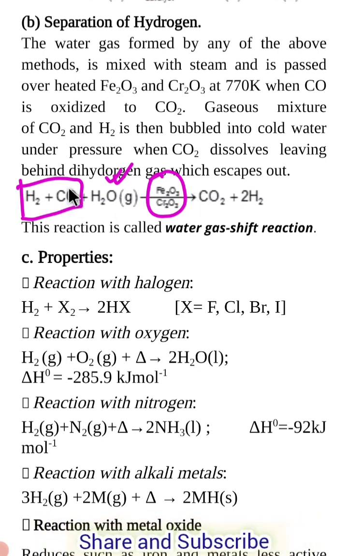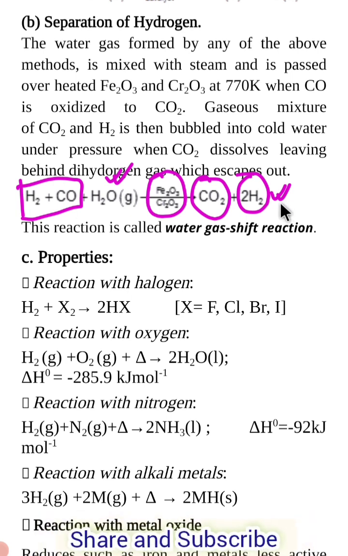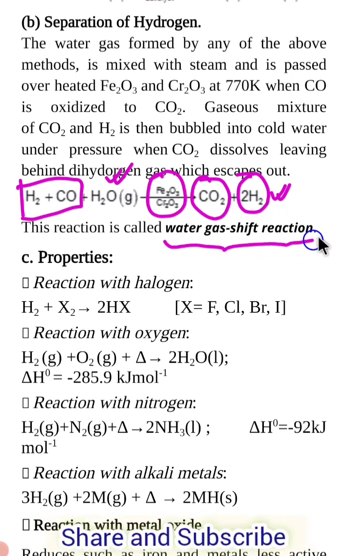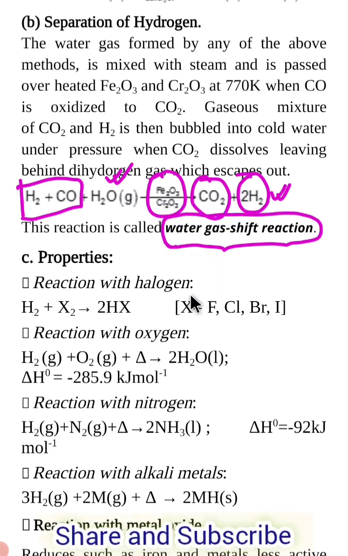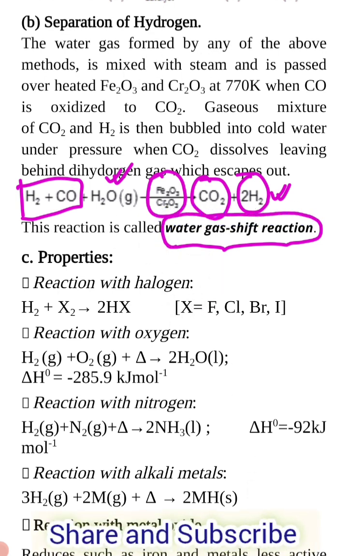So carbon monoxide will be converted into carbon dioxide, and hydrogen is produced in larger amount, 2 moles of hydrogen here. So we get a large amount of hydrogen in this reaction. This reaction is called the water gas shift reaction. These are some industrial preparations of hydrogen.